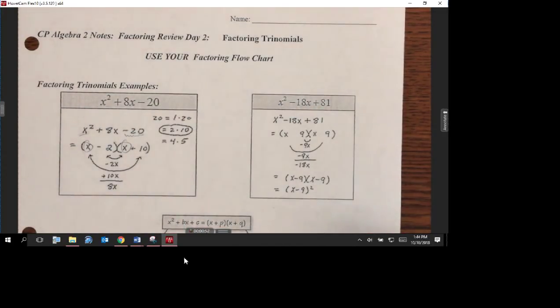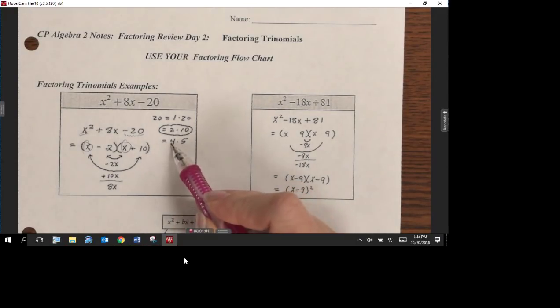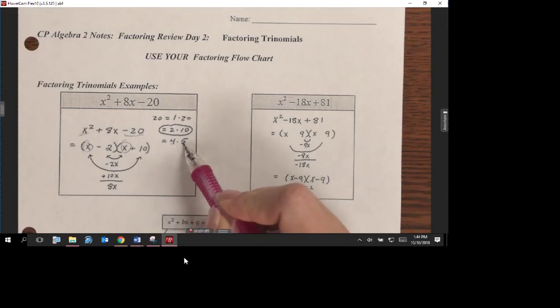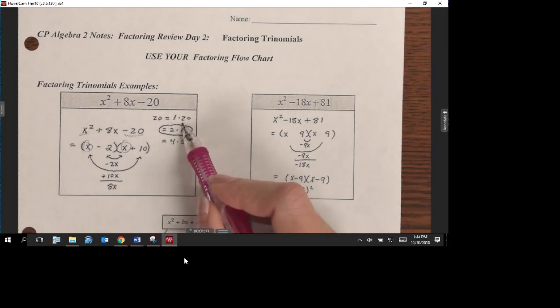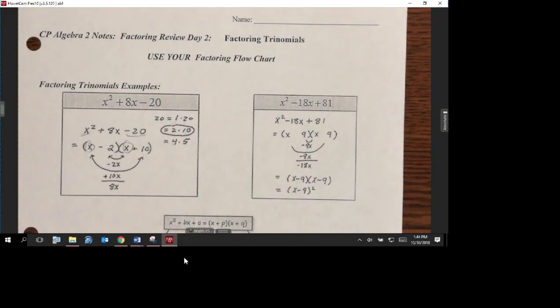What multiplies together to give me negative 20? It could be negative 4, positive 5. It could be 4 and negative 5. It could be negative 2 and positive 10. It could be 2 and negative 10. It could be negative 1 and positive 20, or 1 and negative 20. There are 6 different options.